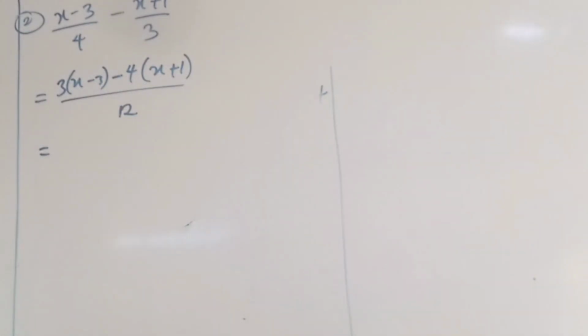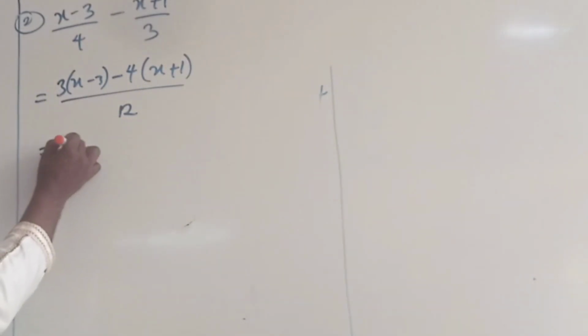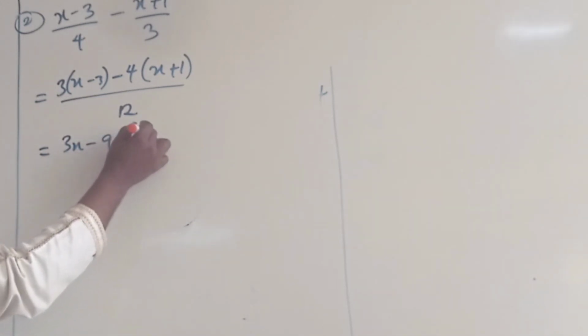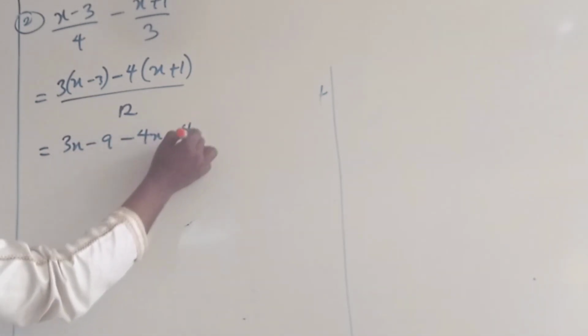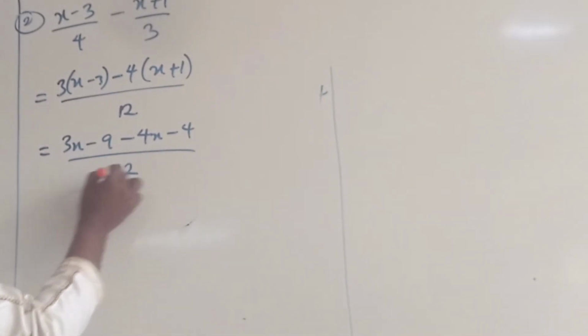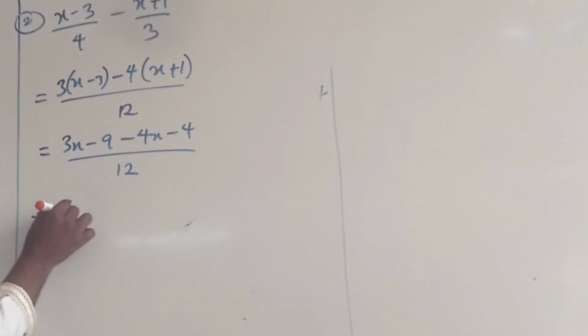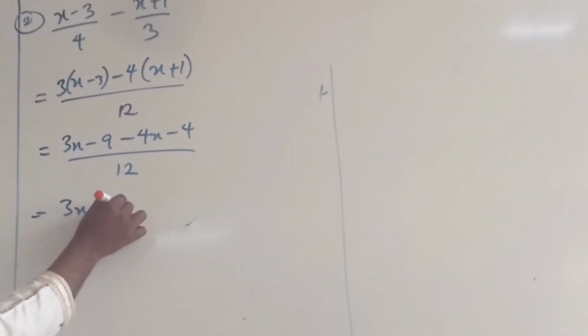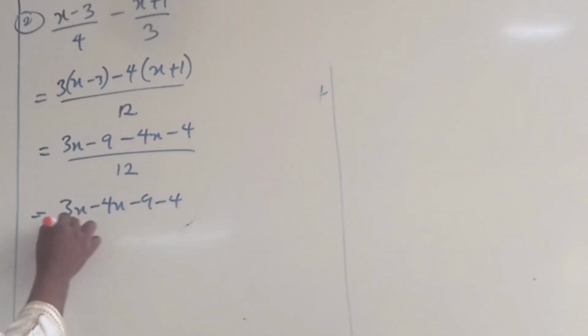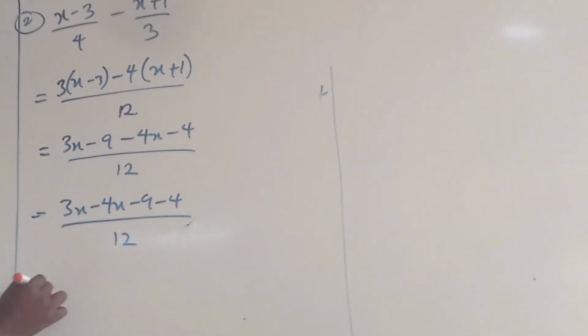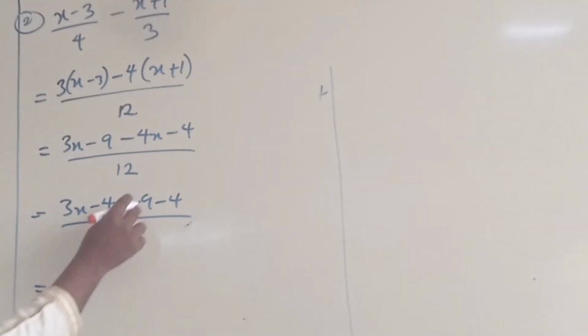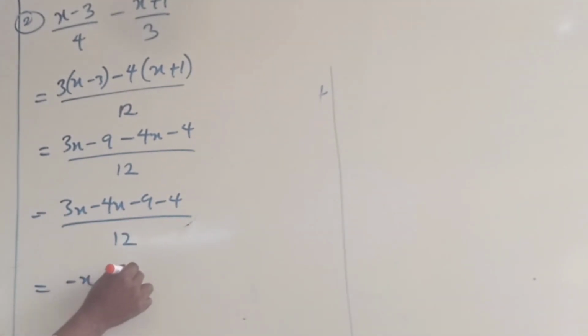Then we open the brackets. So that gives 3x minus 9 minus 4x minus 4 divided by 12. So that means 3x minus 4x minus 9 minus 4 divided by 12. So that is minus x minus 13 divided by 12.